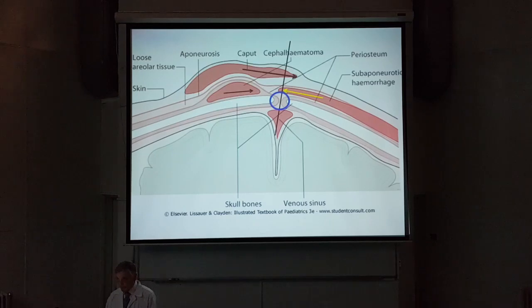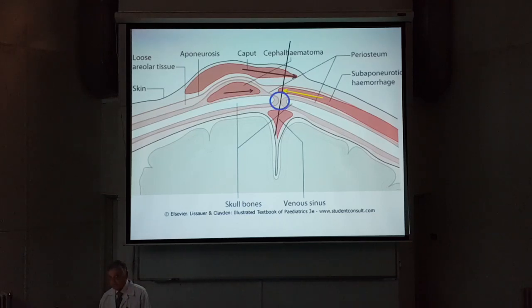But if the hematoma enlarges, once it reaches the suture, it stops. That means it takes the shape of the bone. When it takes the shape of the bone, this means that it is subperiosteal. Subperiosteal means that it is under the periosteum of that bone.